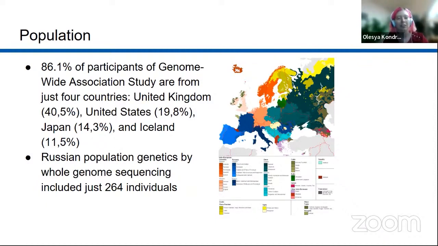It's United Kingdom, United States, Japan, and Iceland. So when it comes to Russia, the most representative study of Russian population genetics by whole genome sequencing, to our knowledge, included just 264 individuals. That is why we wanted to find out whether it's possible to use data from other populations, and if so, how well it represents correlation between traits and genetics.